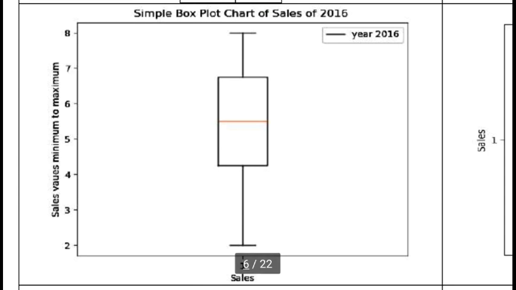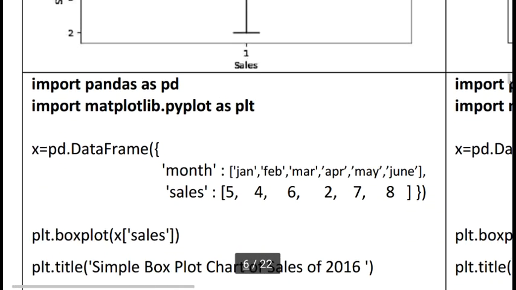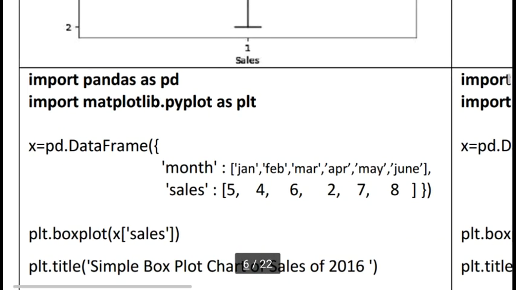Before explaining, I want to write the code to create this box plot chart. The code of this chart begins with import pandas as pd, import matplotlib.pyplot as plt. Here two libraries we must use, we know very well.